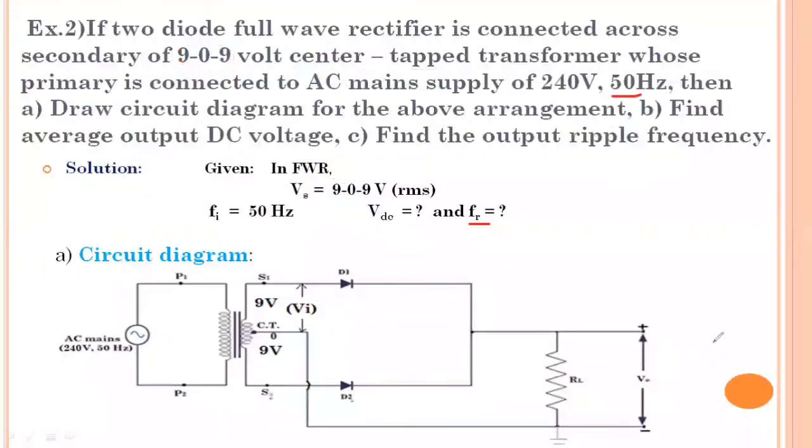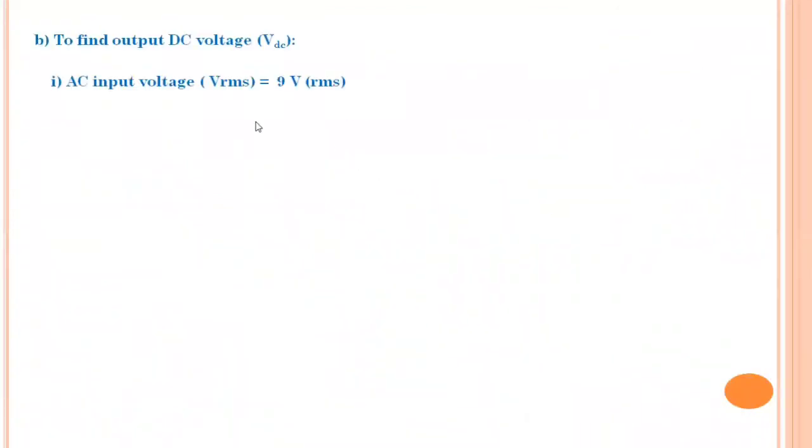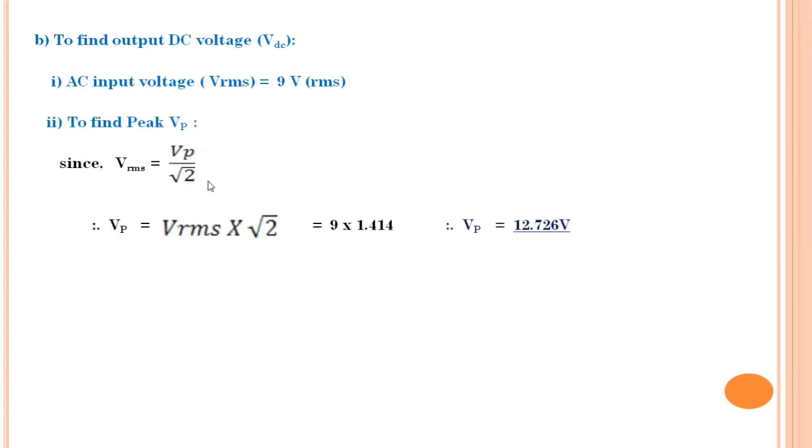First, we find the peak voltage present at the output. Since the RMS value of the AC input voltage is 9 volt, by using the formula, the peak voltage is VRMS into root 2, because RMS voltage is peak upon root 2.